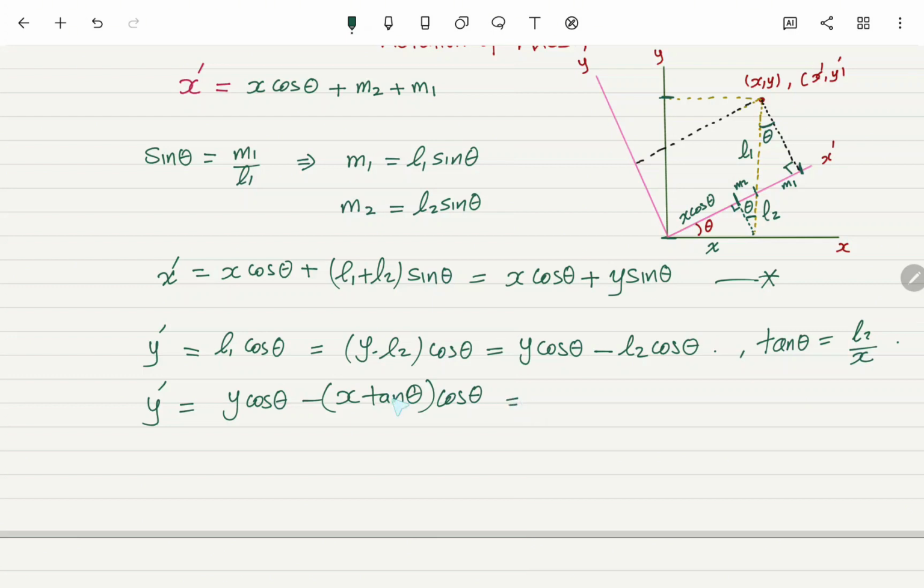Remember tan theta equal to sine over cosine, so equal to minus x sine theta plus y cosine theta.